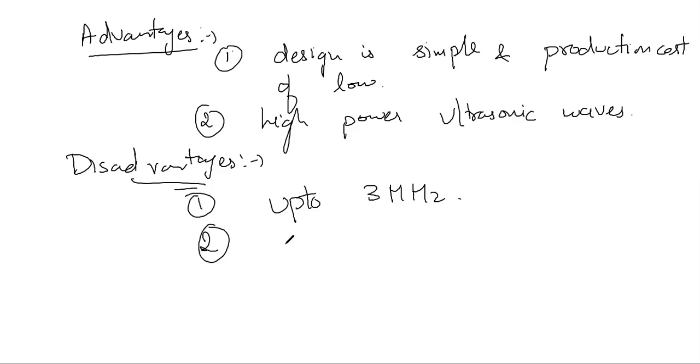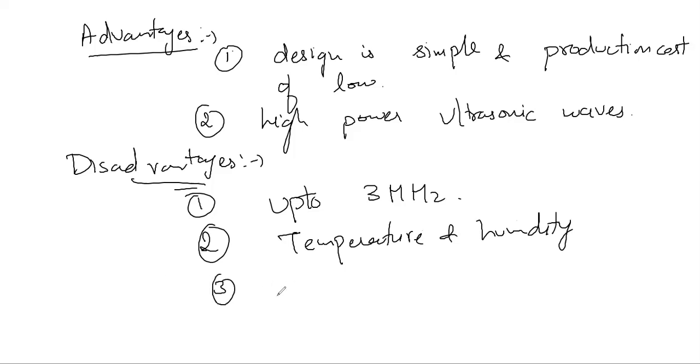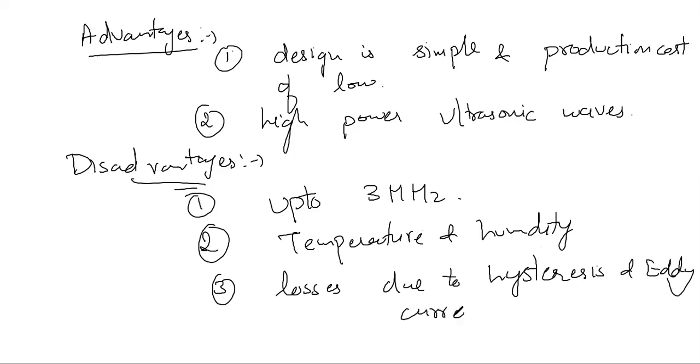Your frequency now, temperature and humidity start to play a role here because of their effect on the iron rod. There will be losses due to hysteresis because you are putting the rod time and again into the time varying magnetic field. So there will be some hysteresis losses and there will be eddy currents also. So these are going to be the disadvantages of the magnetostriction oscillator.